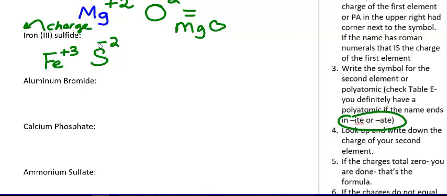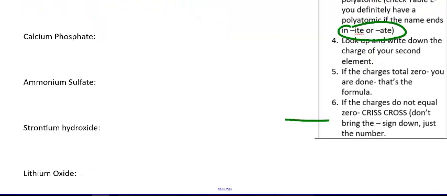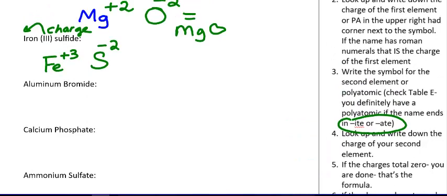Now, those do not equal 0, so you crisscross. Just bring down the number. Think of least common multiple. I can't turn a 3 into a 2 or a 2 into 3, but I can turn both these charges into 6. So that would require 2 irons, 2 at +3, and 3 sulfurs, 3 at -2, right?